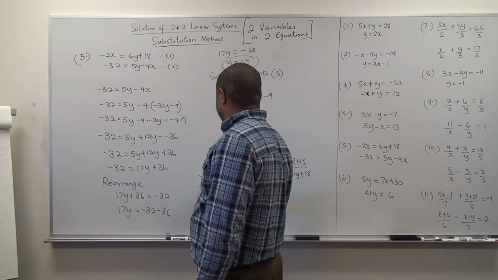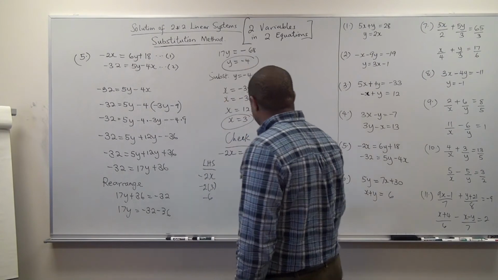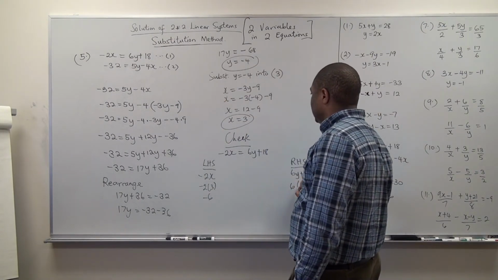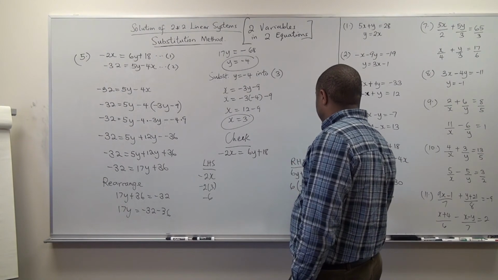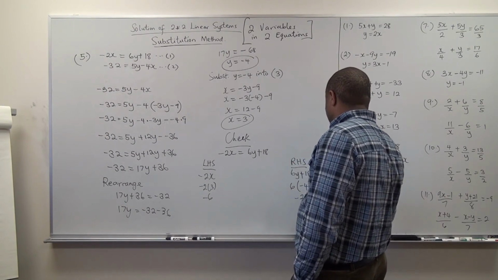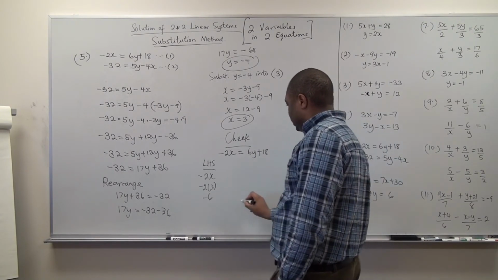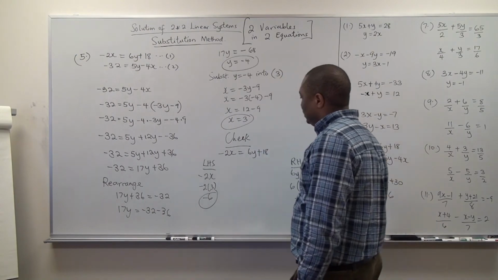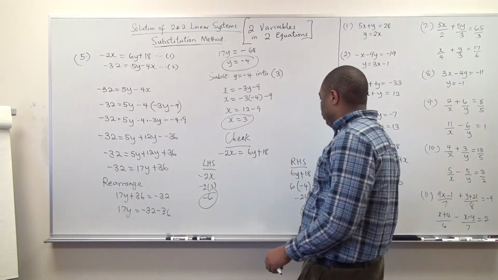So we now have negative 2 times 3, which is negative 6. Here we have 6 times negative 4 plus 18, which is negative 24 plus 18. And that gives you negative 6. So negative 6, negative 6. Our first equation is correct. We check for the second equation.